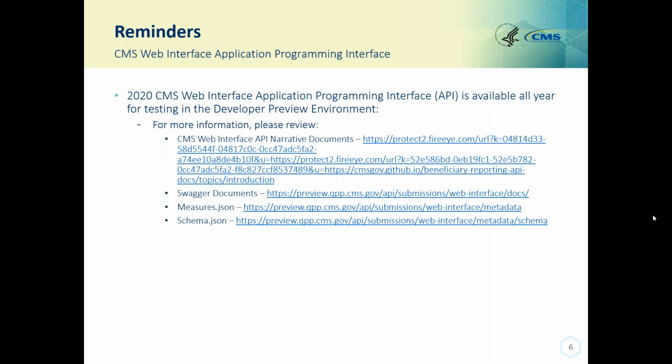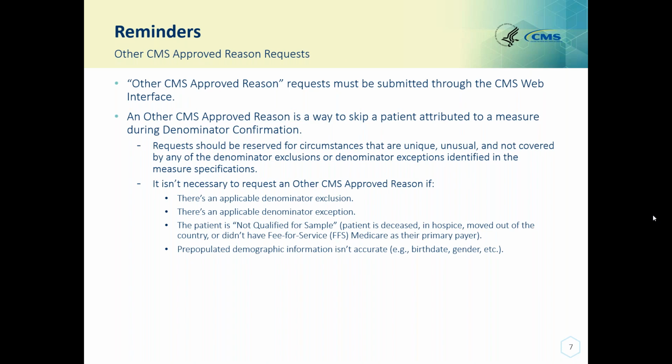And here's some reminders. The 2020 CMS Web Interface API is available all year for testing and developer preview environments. Please review the links listed here for more information. Next slide, please. We want to remind you that other CMS approved reason requests must be submitted through the CMS Web Interface.